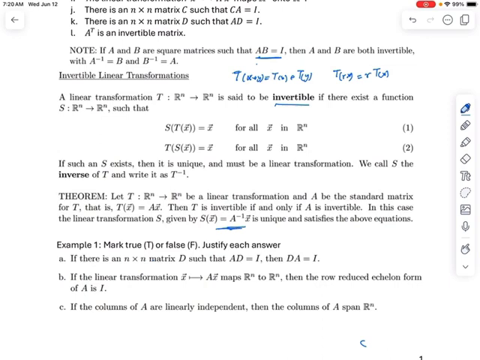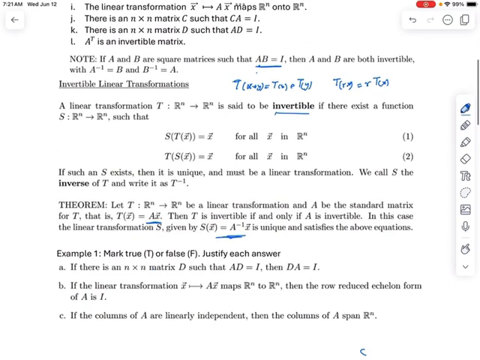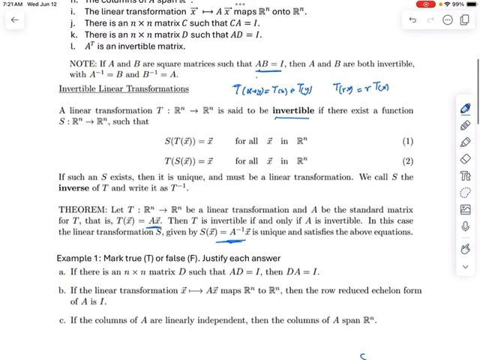In the direct transformation T, we multiply x by A; here we multiply by its inverse. Now let's go over the examples. Most of this section depends on the statements in the invertible matrix theorem, so it is a good idea to have the IMT in front of you to answer these problems.